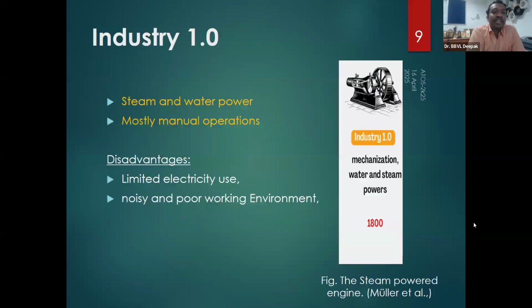Now let us talk about how the development of this technology is taking place. Let us see industry 1.0, which started in the 18th century, and it is a kind of mechanization.